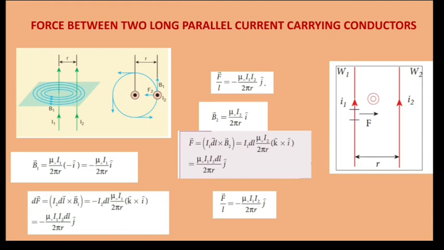Let us consider a small element of length dl in conductor B at which the magnetic field B1 is present.